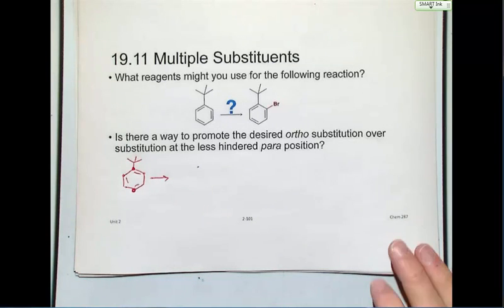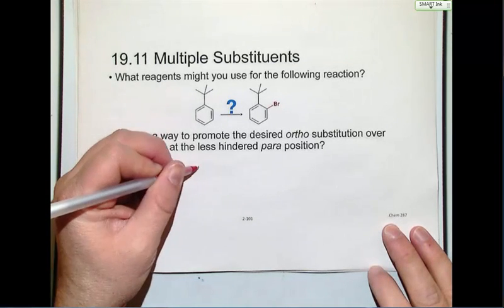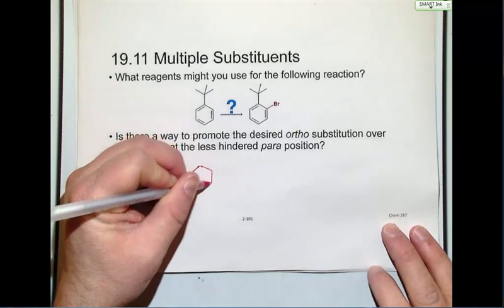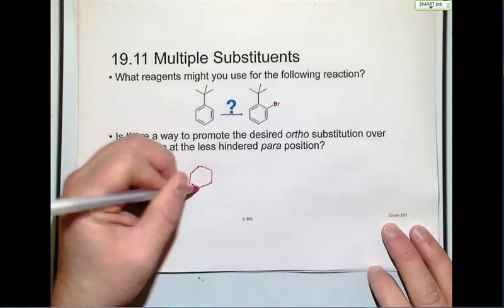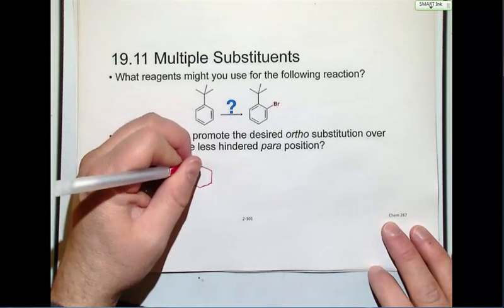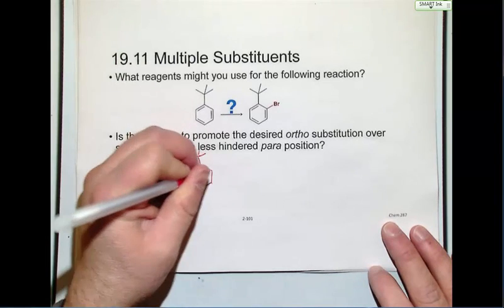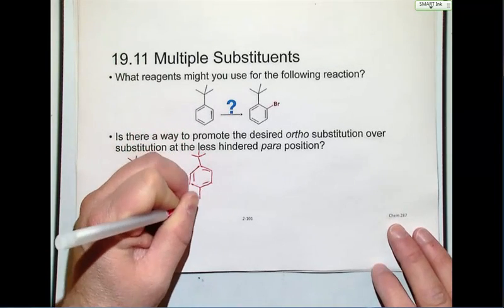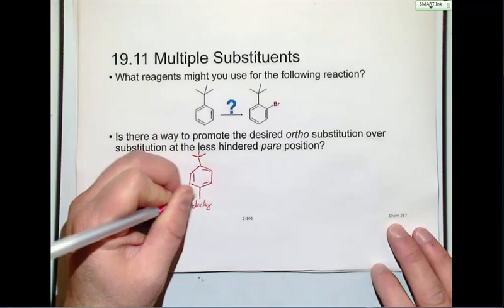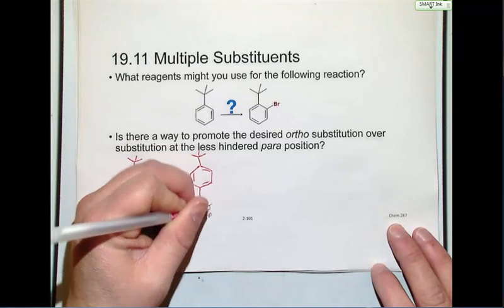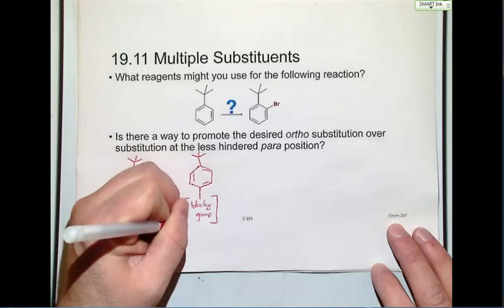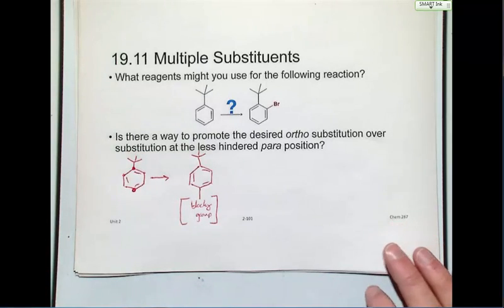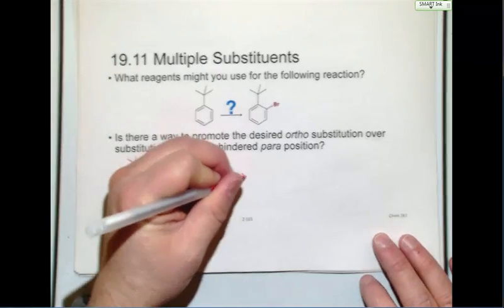Okay, so let's use that to our advantage, because what if we put something on the para position? Because then we'll block it, right? If we attach something to the para position, now nothing can go in the para position, so we'll put some kind of temporary blocking group, and then we do a bromination.